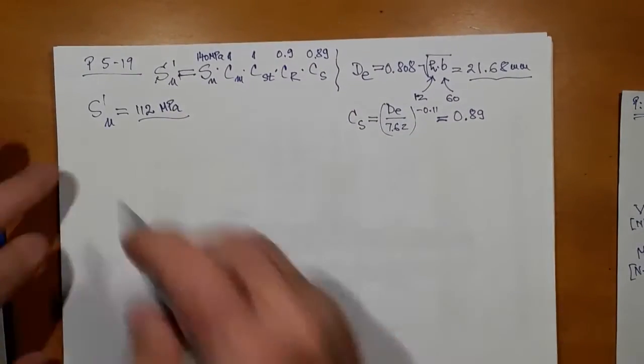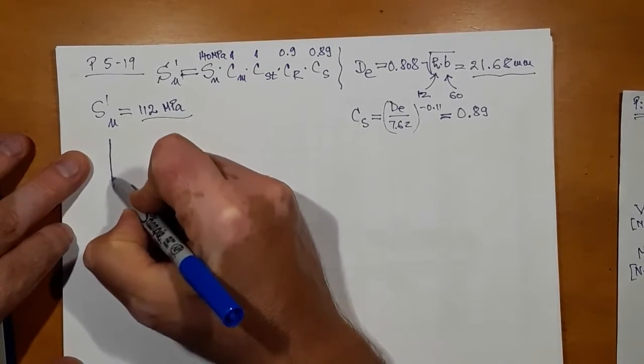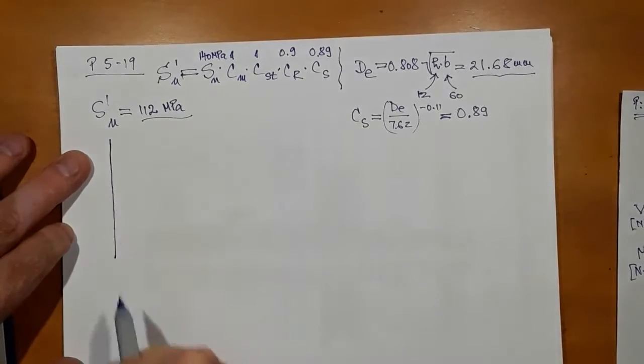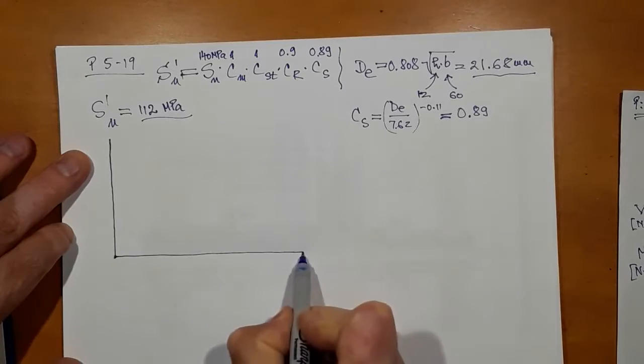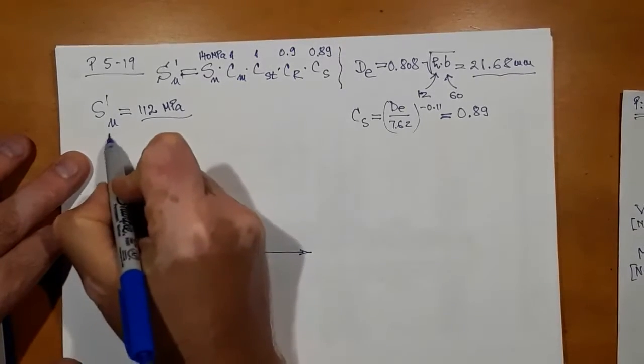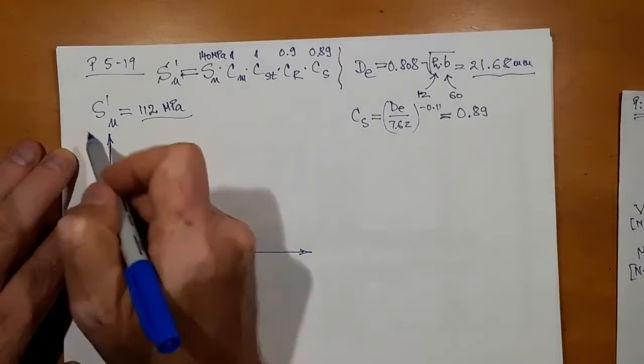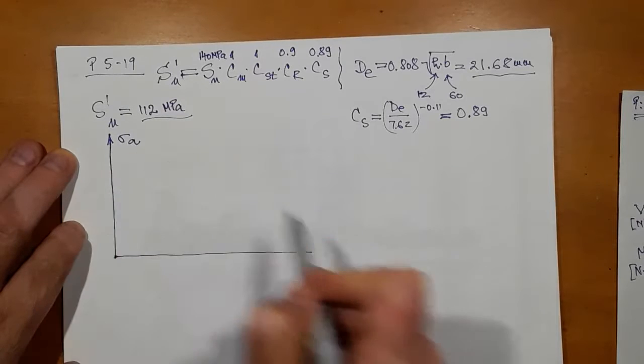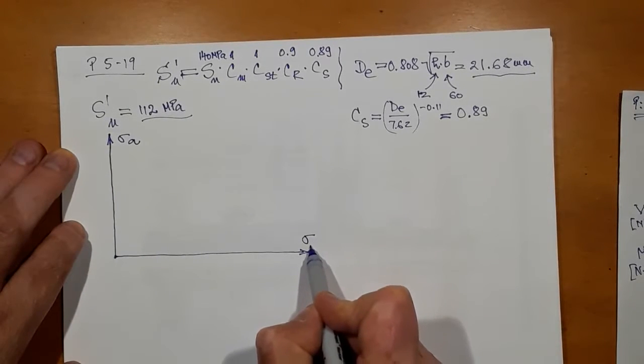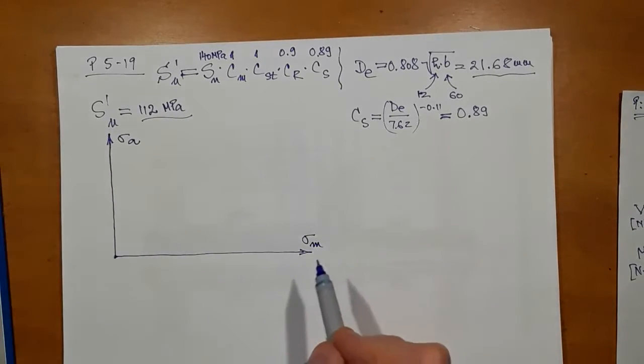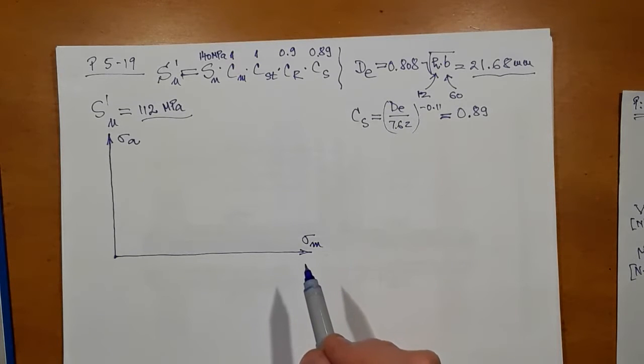So the mean alternating stress diagram, you can draw to scale and extract the design factor from the graph by measuring, similar to the modified Mohr method.